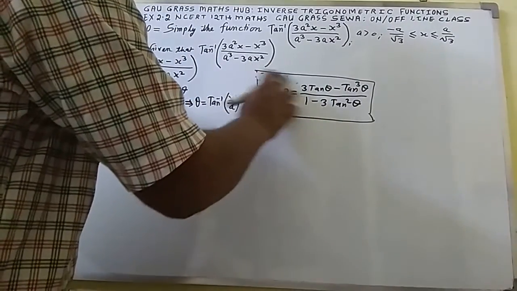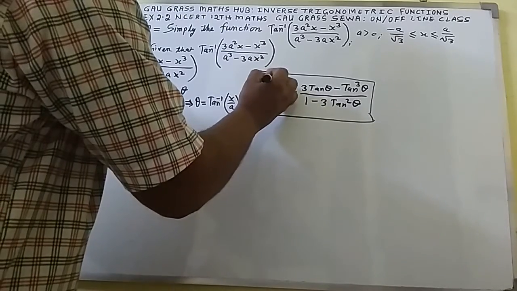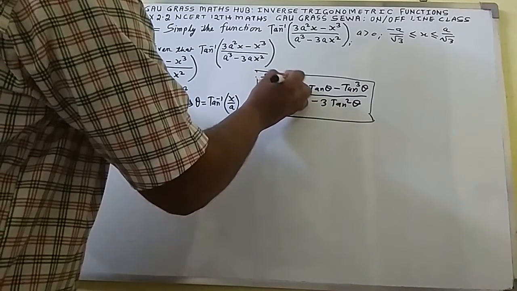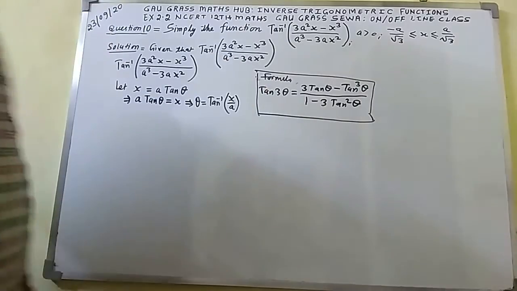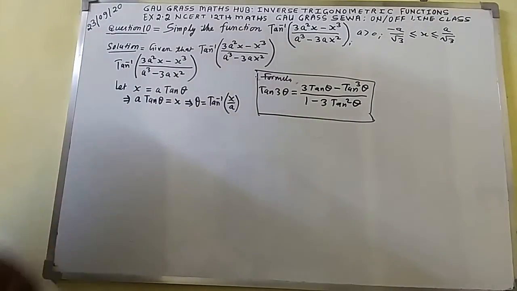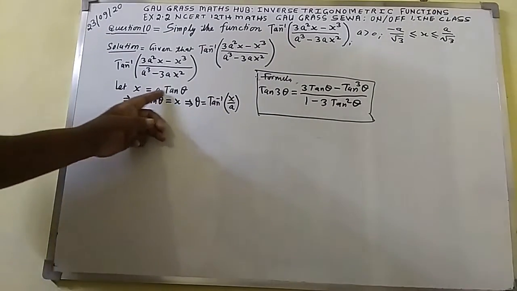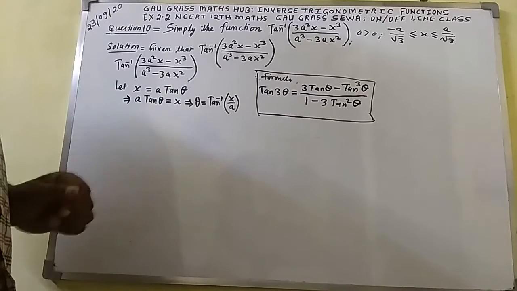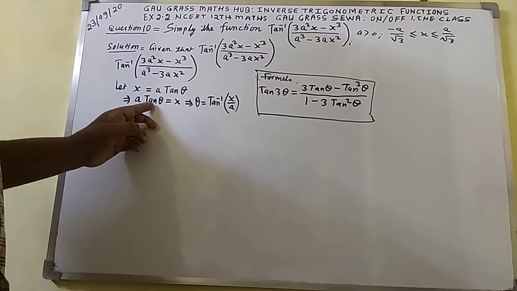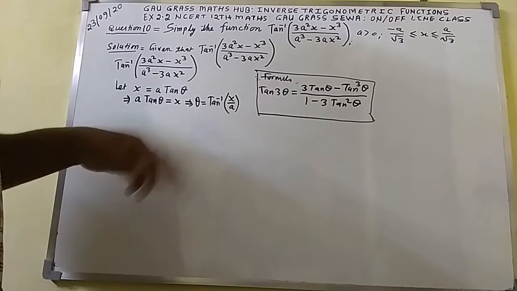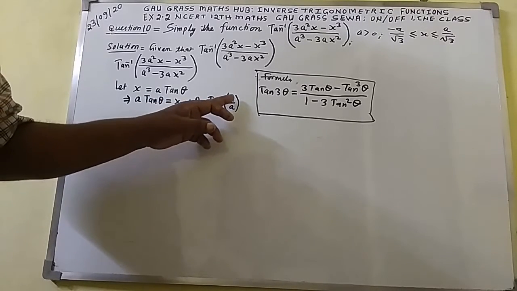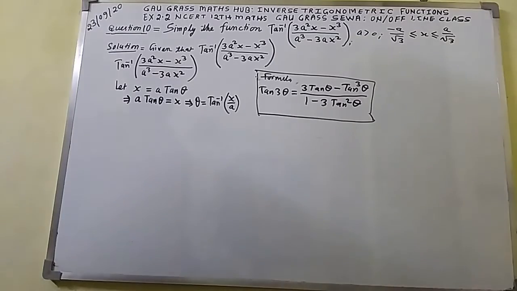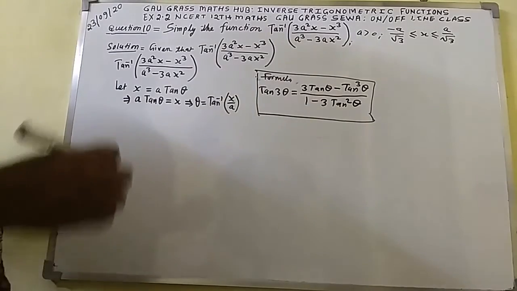This is the formula I have written here. You must remember the formula. So let x equal to a tan theta; a tan theta equals x, so tan theta equals x by a, and theta equals tan inverse x over a. Now put the value here.